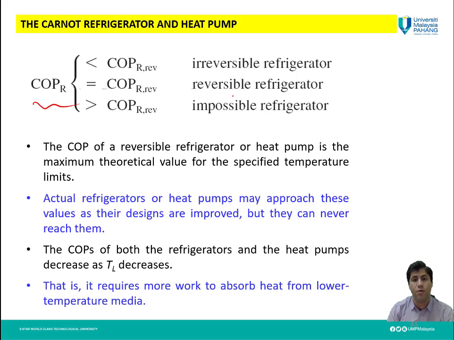And if we have a reversible refrigerator, which we cannot actually have, then the COP of that refrigerator should be equal to the COP of the Carnot refrigerator. And it is not possible to have a refrigerator with a COP higher than the COP of a Carnot refrigerator.